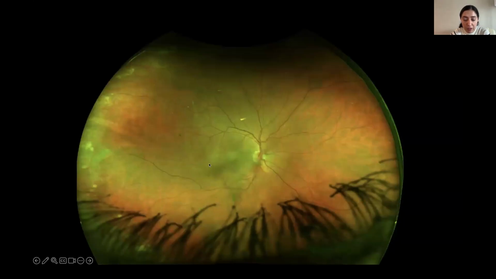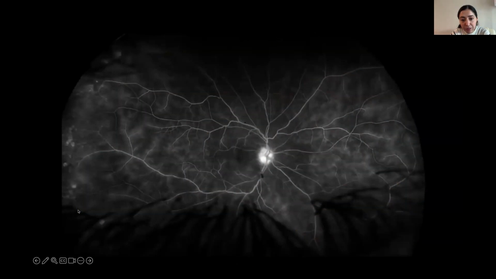Fundoscopic examination revealed the aforementioned vitreous opacities and condensations, a well-perfused optic disc, and the presence of chorioretinal non-pigmented scars, circular and seemingly chronic in nature, observed in the temporal inferior periphery. The FA of the right eye did demonstrate some small vessel involvement and leakage, optic disc staining, as well as a blocking defect associated with the previously mentioned opacities, and a window defect associated with the scars or lesions.